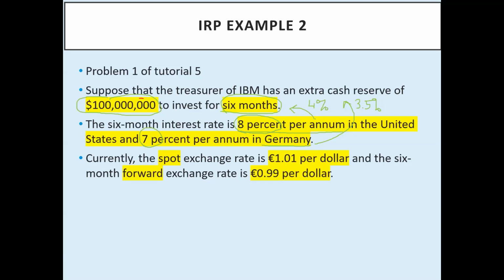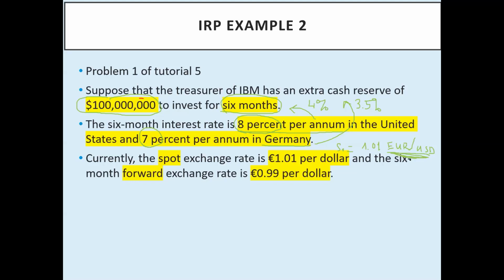We are also given information about the spot and the forward exchange rate. At the current time, the spot rate is 1.01 euro per USD. Be careful with the exchange rate here.